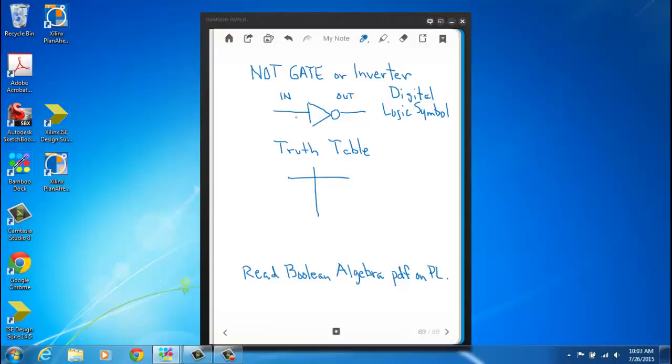And often in these truth tables we use variables instead of Vin and Vout. We'll use just letters. So for example, if I use the letter A for input to this Not Gate, the output would be expressed A with a bar over it. And that bar is a symbol in Boolean algebra that means not. Okay, so you would say input A, output not A, and not just means opposite of.